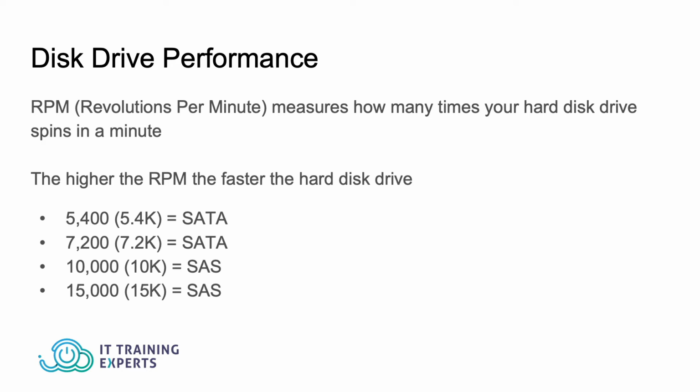The other concept to understand is that SATA drives also hold a higher capacity in terms of the amount of data they hold on the platter. That's why the RPMs are lower. The SAS drives typically hold less capacity and are smaller, so they can spin faster.